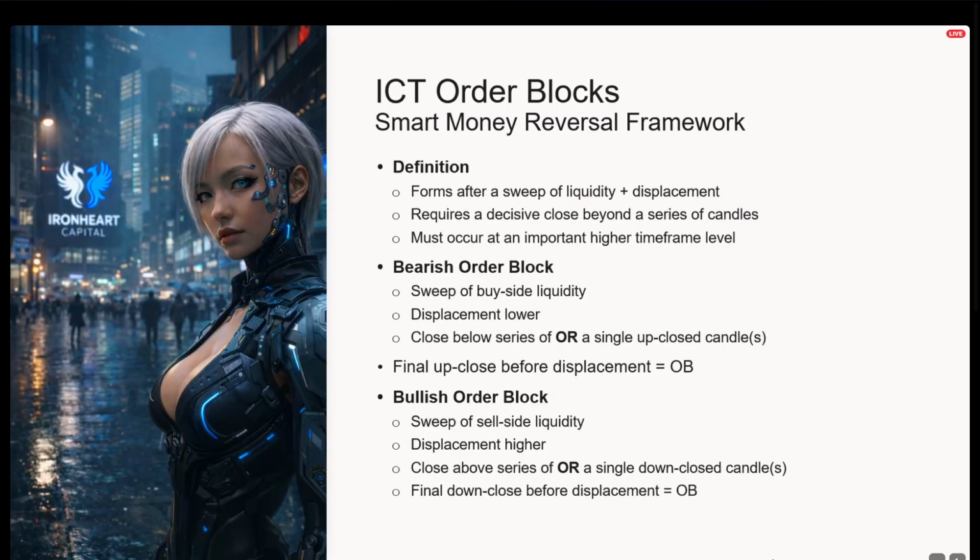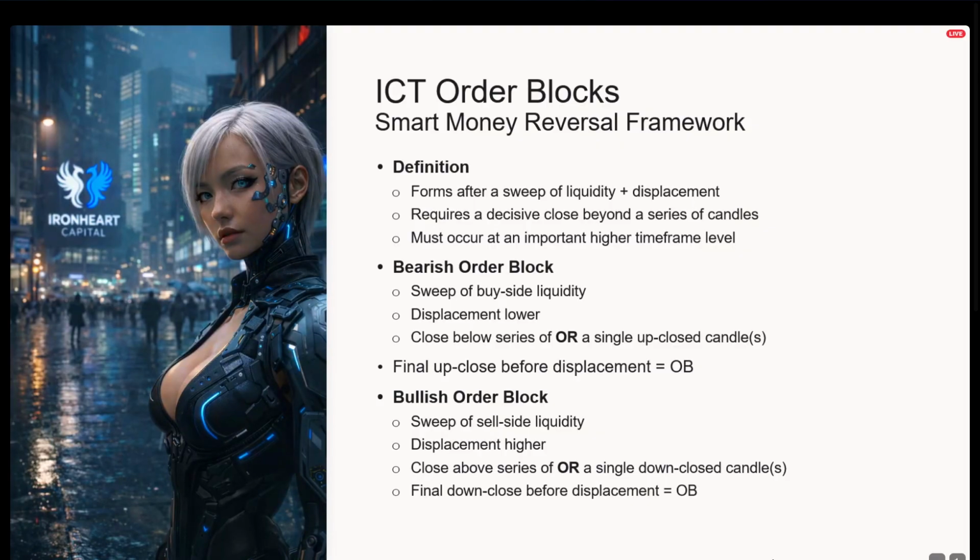So ideally, it must occur at an important higher time frame level, like Rob just went through, showing you a bunch of examples of how a buy model or a sell model met a higher time frame area of liquidity and then created displacement with a close over a series or single opposing candle to create your order block.